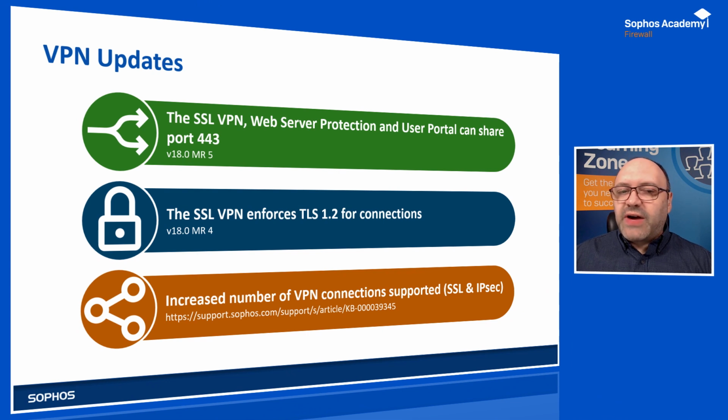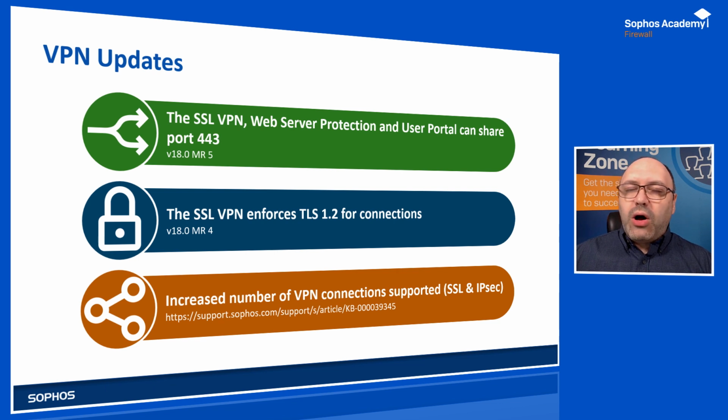Additionally, Sophos Firewall enforces TLS 1.2 for SSL VPN connections to prevent the use of less secure protocols. And Sophos Firewall now supports an increased number of concurrent VPN connections for both SSL and IPsec.